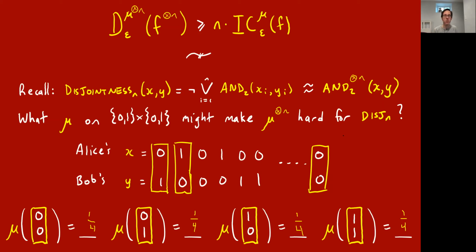This is not going to make it too hard on Alice and Bob. They can use the deterministic protocol that just always says no, and they'll achieve an error that's maybe 3/4 to the n, something like that. It'd be exponentially small.